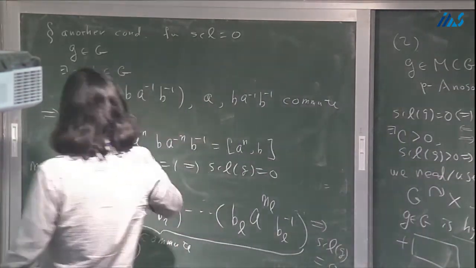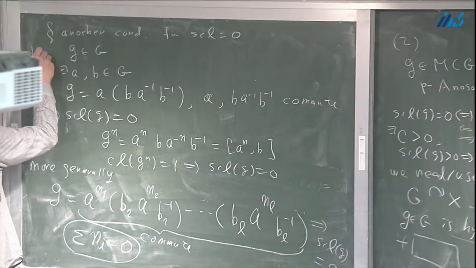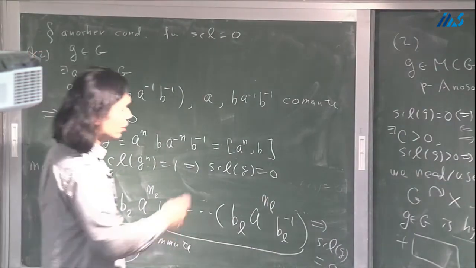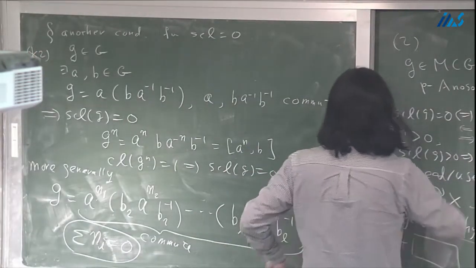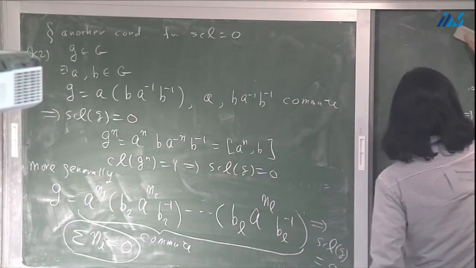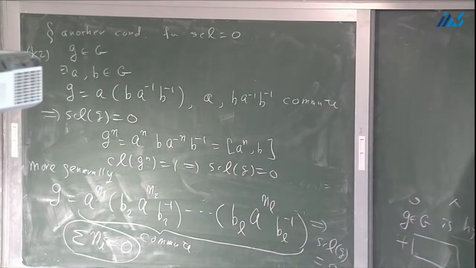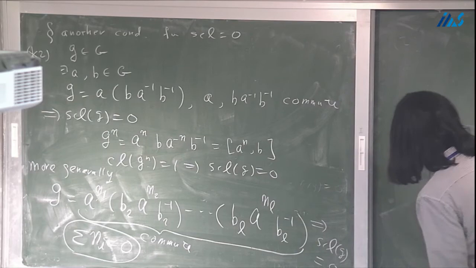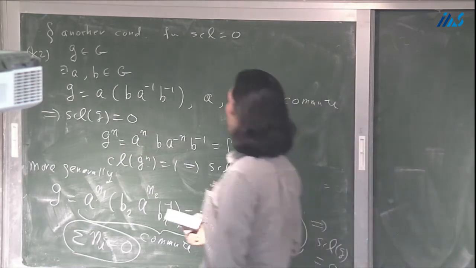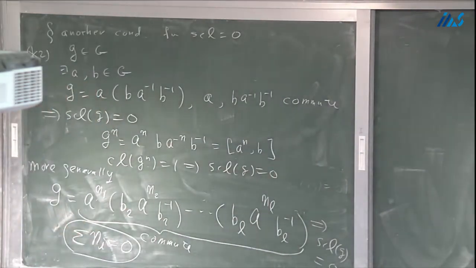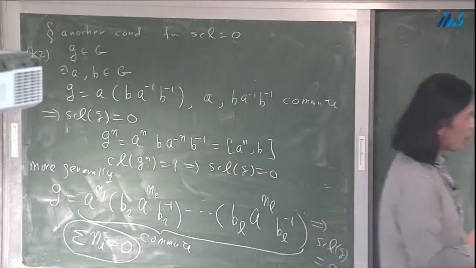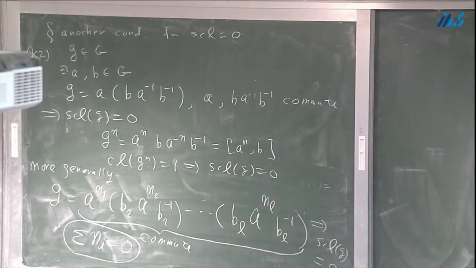Okay. So I say this is the other condition, maybe say 2. And the previous chirality is the first condition. And now I combine those two, and that's as well a condition which forces SCL to vanish. So let me write, but actually that's in view of this Nielsen-Thurston classification of the element.